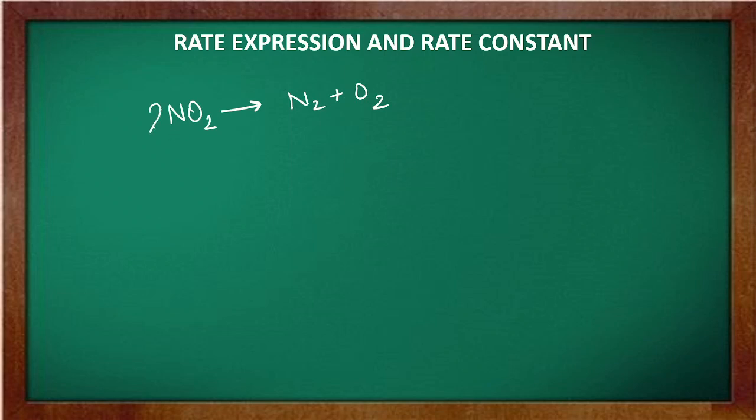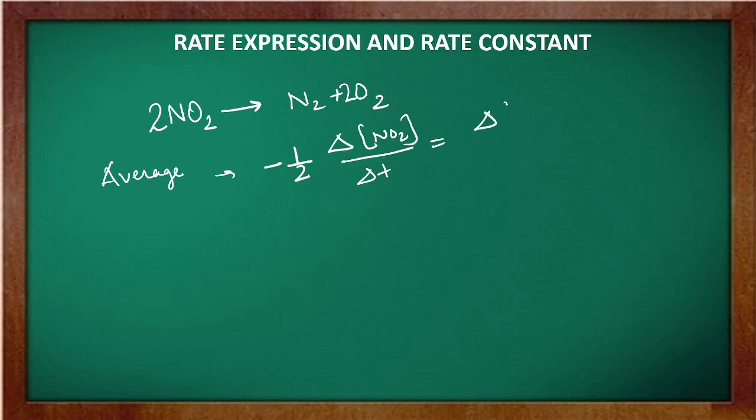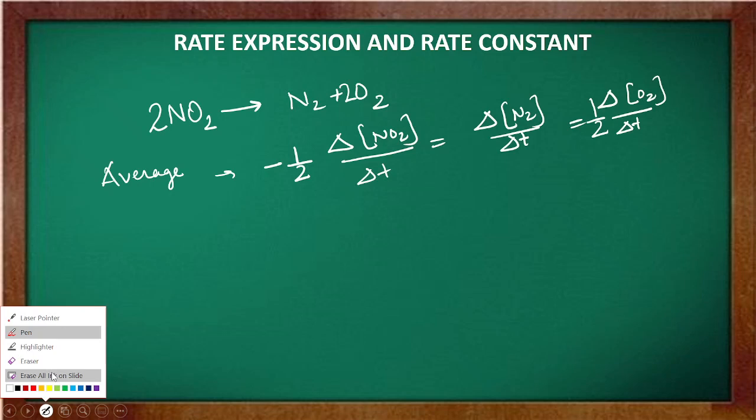If you balance it, it will be 2 here and then 1 and 2. The average rate was given by minus 1 upon 2, change in the concentration of NO2 by change in time, which was equal to change in the concentration of N2 by change in time, which was equal to change in the concentration of O2 by change in time. Since O2 has a coefficient of 1 here, it will be 1 by O2 and delta t. This is your average rate of reaction, or simply, rate of reaction.